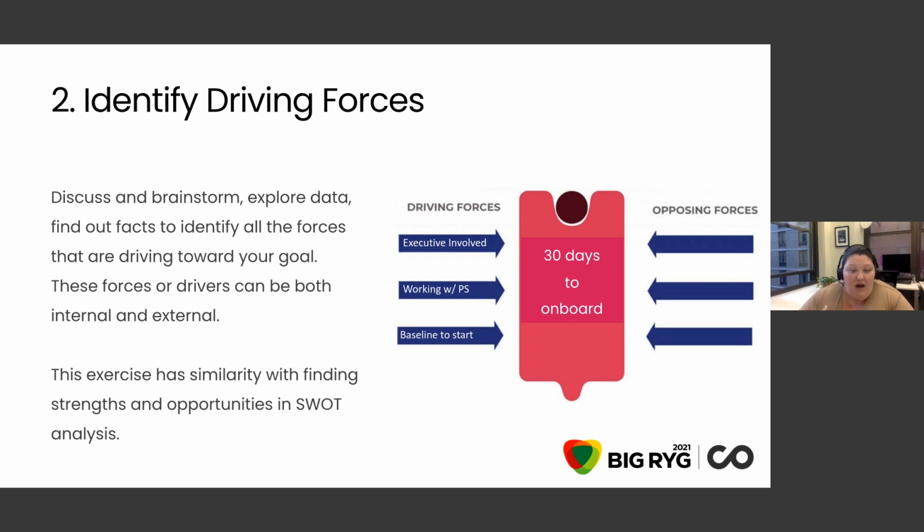Also working with what we defined as a policy setter. So this was a specific role, a type of person that we found was really helpful. So understanding that helped us think about, okay, how do we make sure we know who that policy setter is? We realized that when customers have a baseline that they're starting with, that also really helps us because it kind of gives us a leg up.